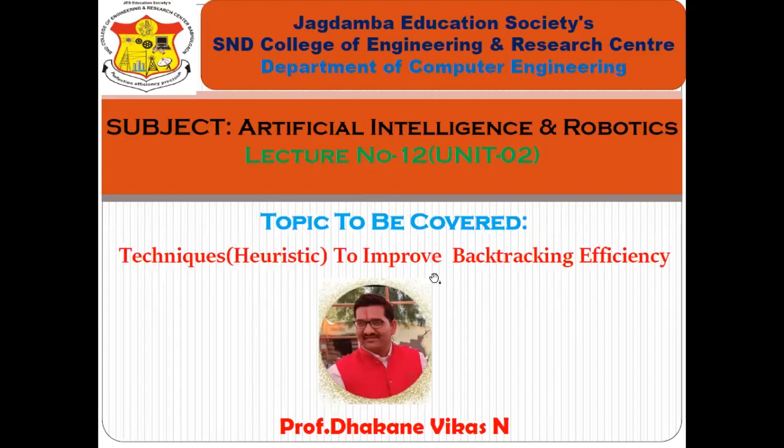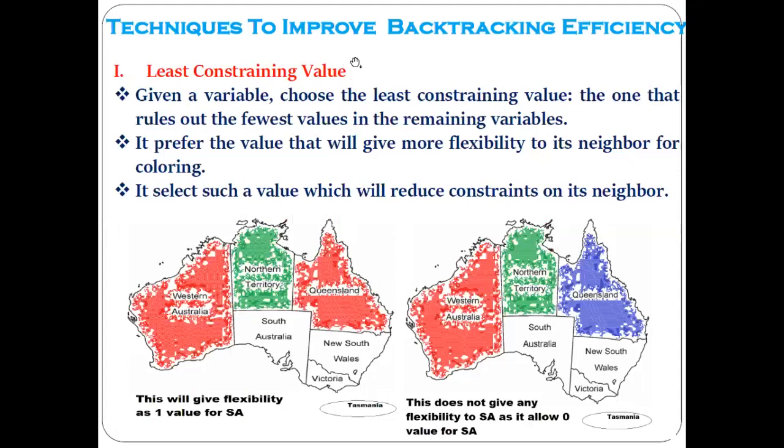And because of that, definitely the constraint satisfaction approach efficiency will also increase. Okay, so let's start with the techniques related with improving the backtracking efficiency.